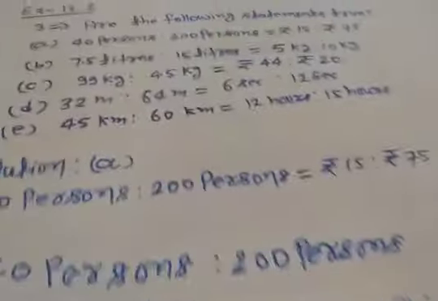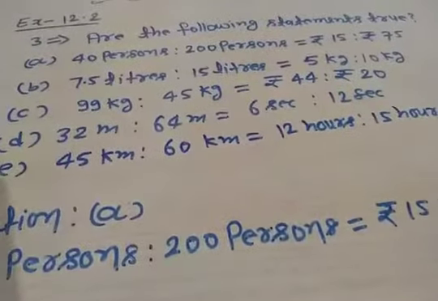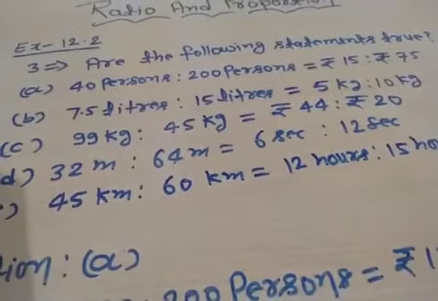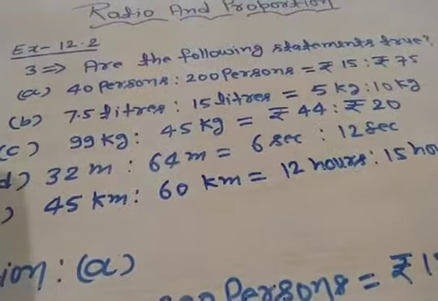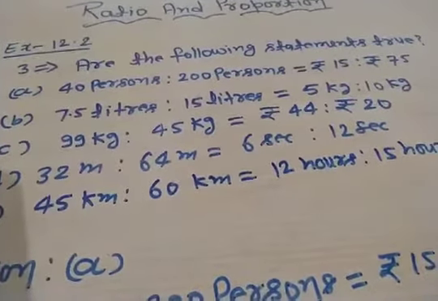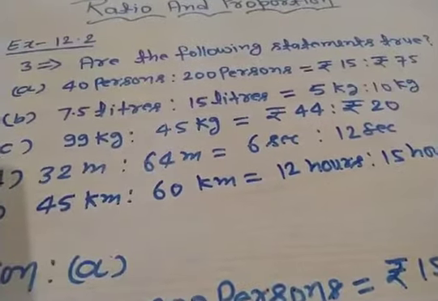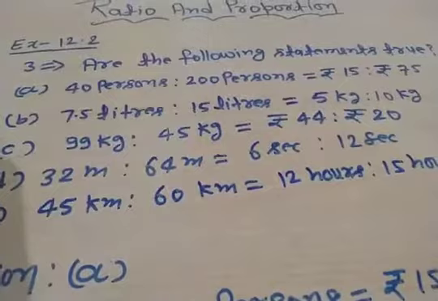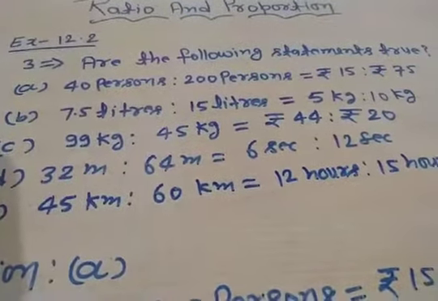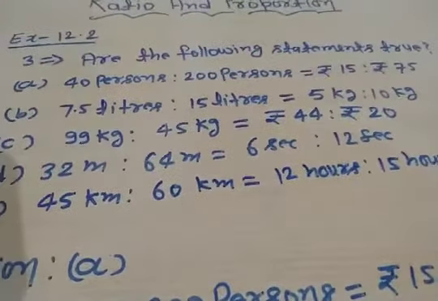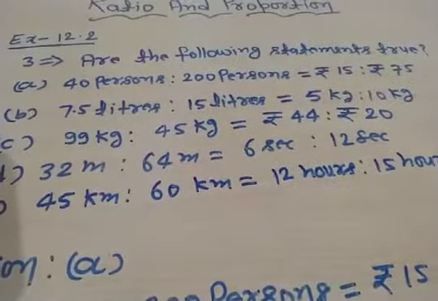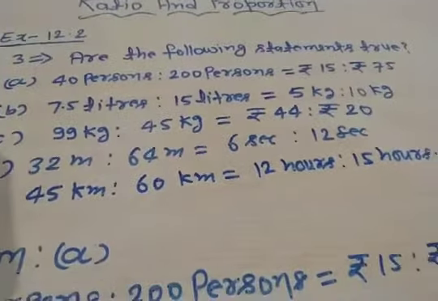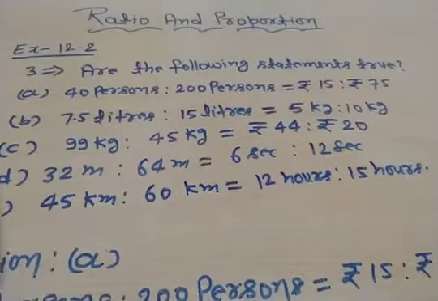You can see this is the given question, part B. Is this true or not? We verify it. If the given ratios are equal, then we can say this is true. If they are not equal, you can say this is not true. So let's see how to verify it.